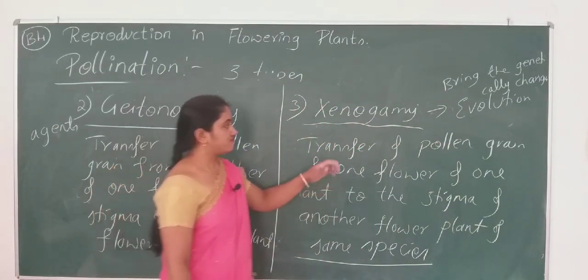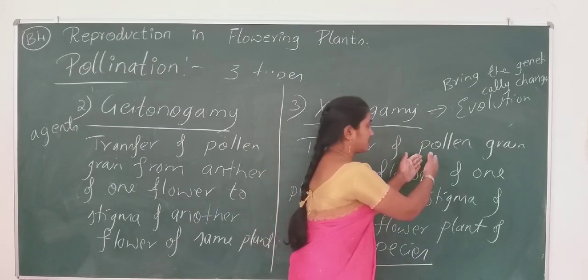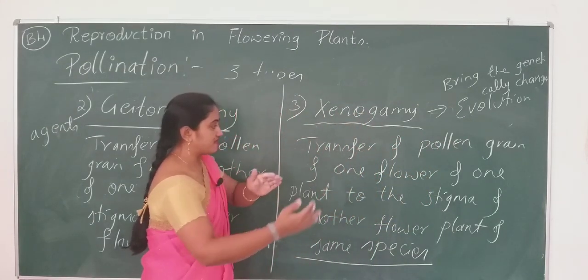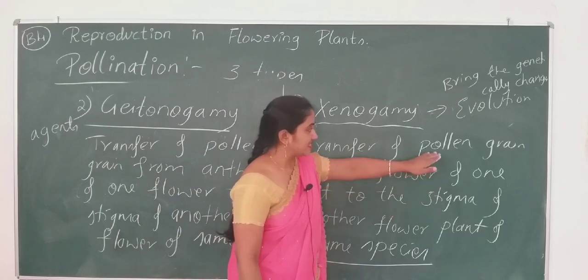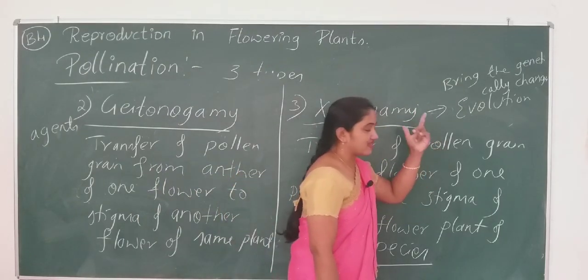Just think, one plant has some characters. If the pollen grain is transferred to another plant's flower stigma, it is not only carrying the pollen grain, it is carrying its characters.